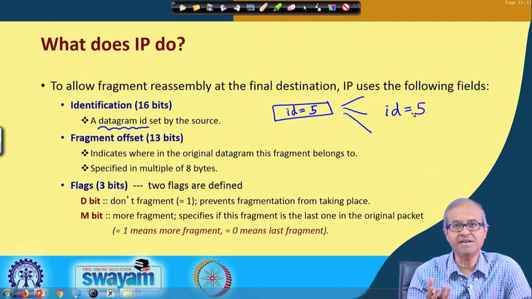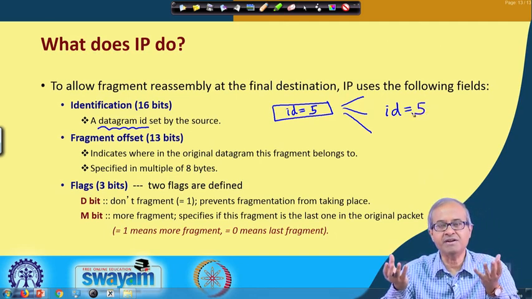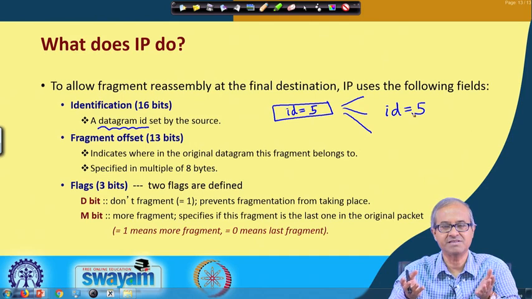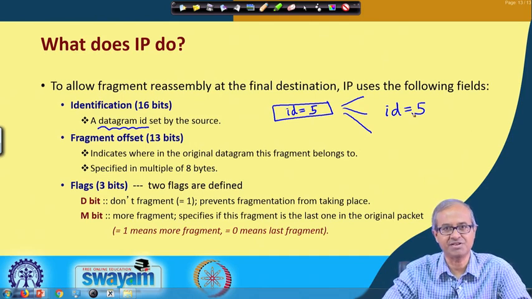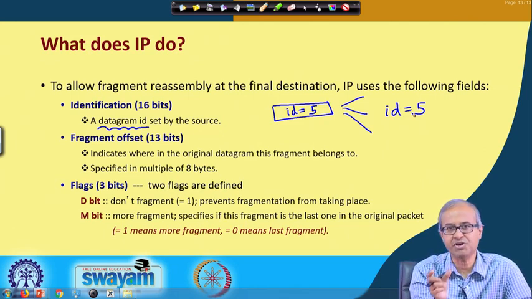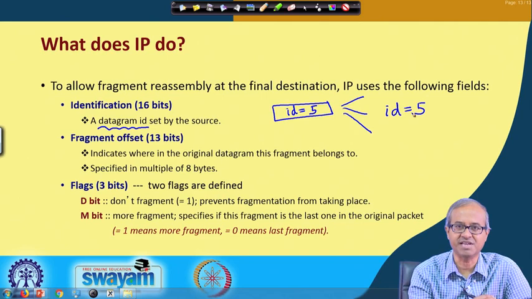So, the ID field indicates that although they are different fragments, different packets, they actually belong to the same master packet. They have to be reassembled together. Okay. This is the idea behind ID. It identifies from which original packet these fragments were created.